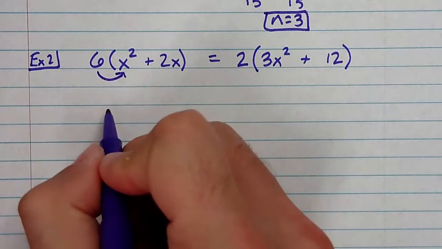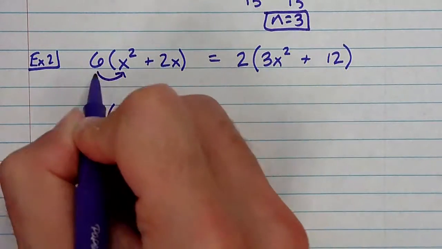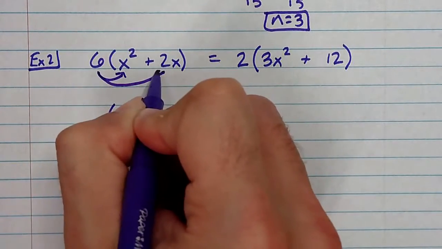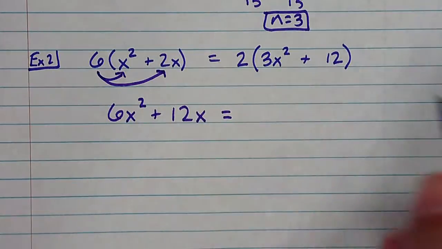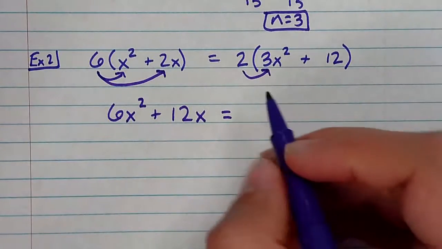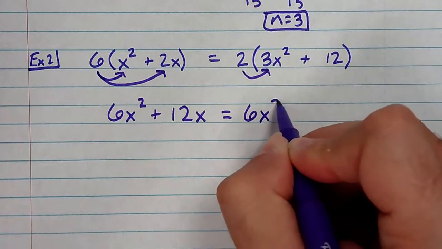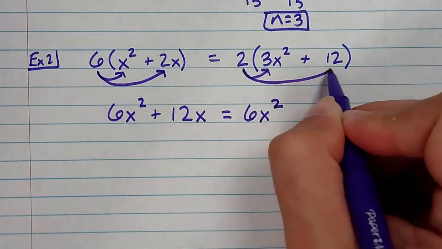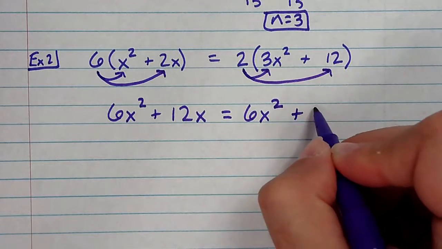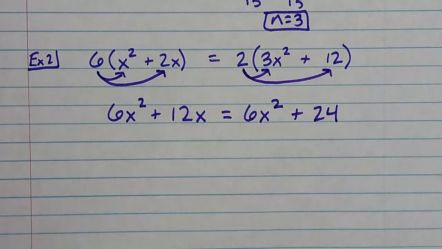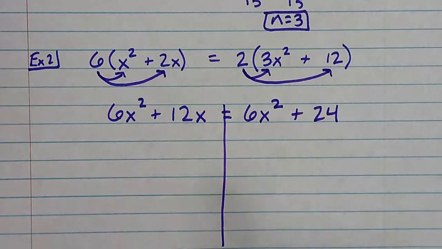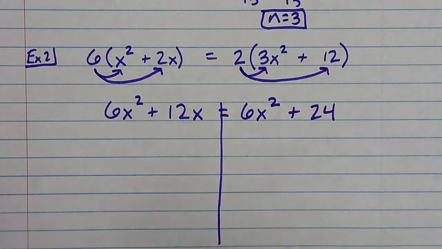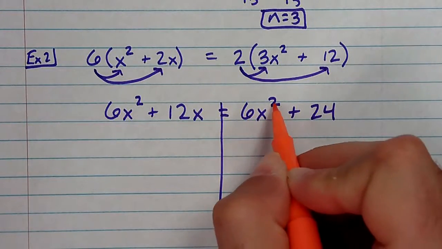6 times x squared is 6x squared, plus 6 times 2x is 12x, is equal to 2 times 3x squared is 6x squared. 2 times 12 is positive 24, so plus 24. Nothing to combine here, nothing to combine here, so I begin to solve for x. I notice I have a 6x squared and a 6x squared.